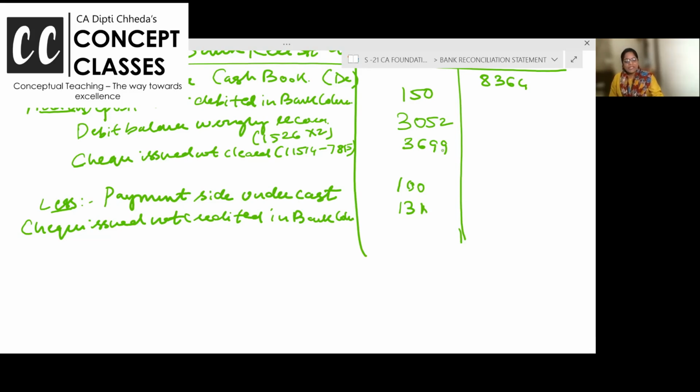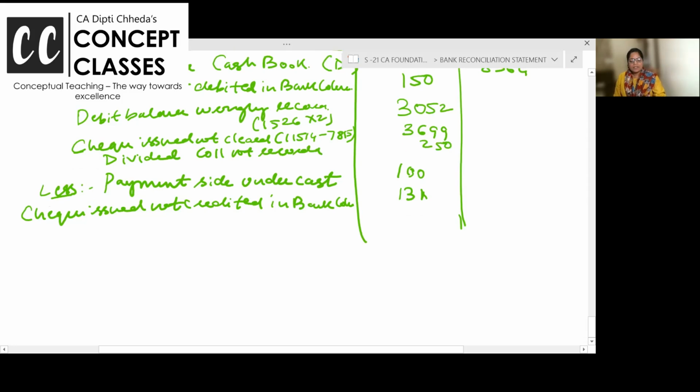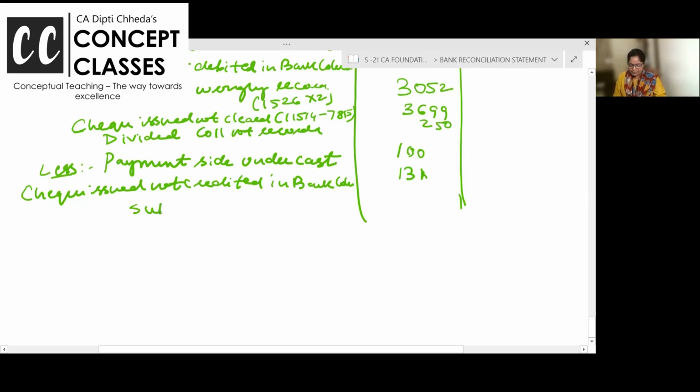Dividend of 250 collected by the bank and subscription of 100 paid were not recorded. So let us record. Dividend collected is received, so debit. Dividend collected, not recorded. Now you record 250. Subscription paid, not recorded. Now you record 100.